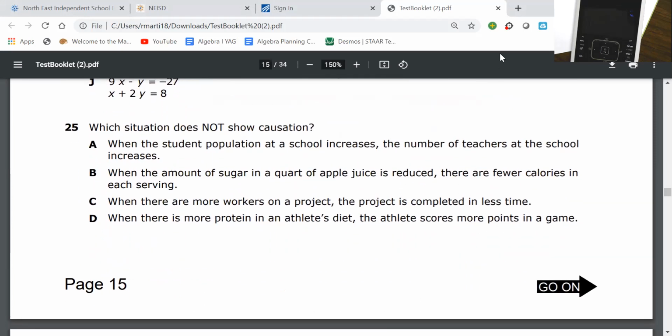Which situation does not show causation? Now, I told you at the beginning of the school year, and I'll just refresh you right now. You have a 65-minute class every 2 days for algebra and all your other classes. Okay, so 65 minutes for 2 days.